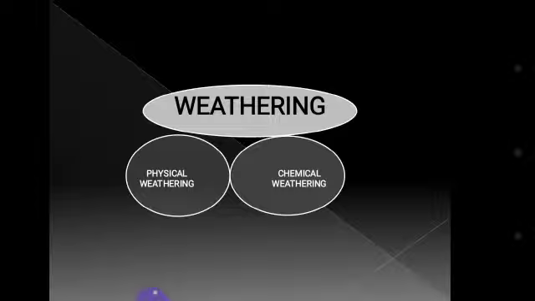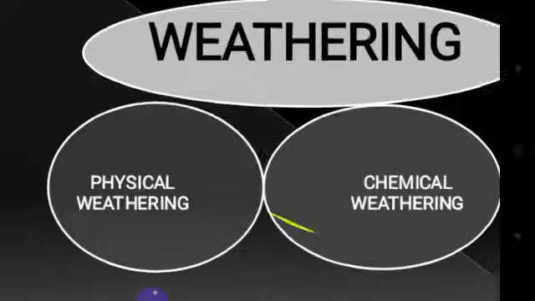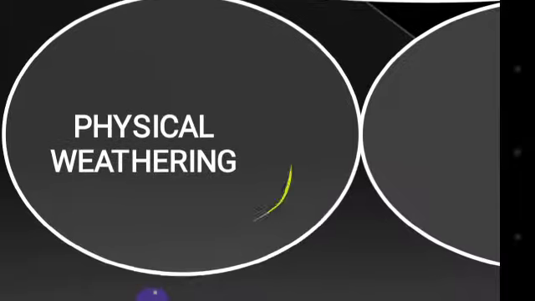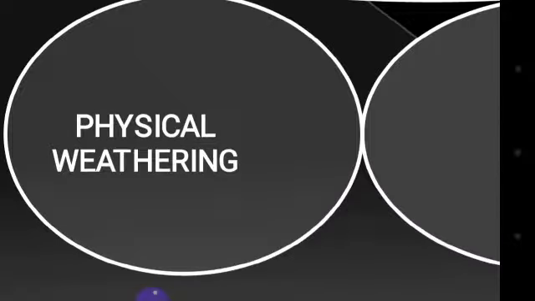Physical weathering. Physical weathering is the mechanical process. It includes the effects of physical factors, that is temperature, water, and wind, on the breaking down of solid rocks. It may be caused by frost wedging, temperature differences, and growing roots of plants.